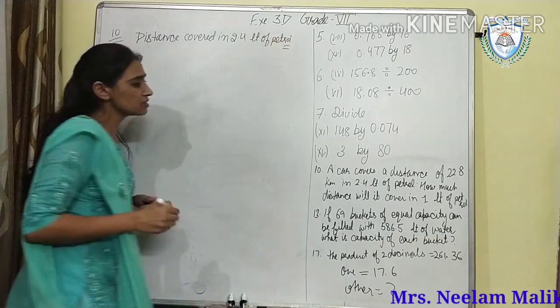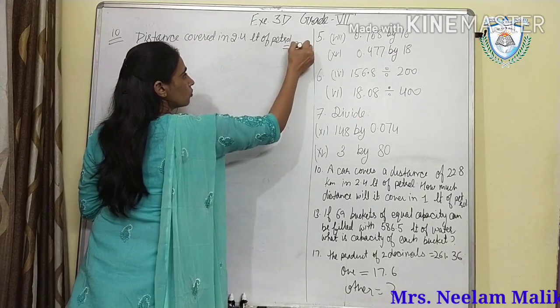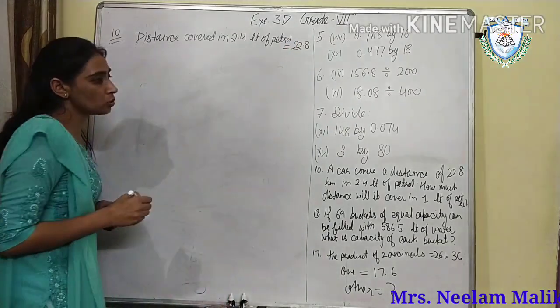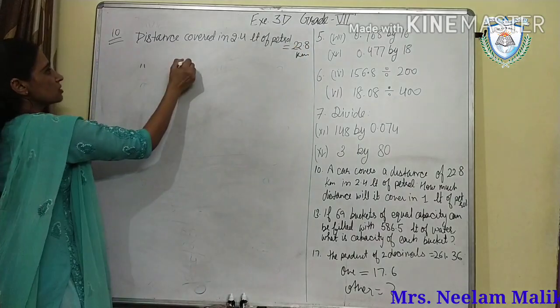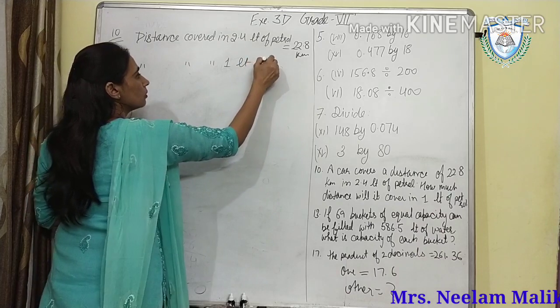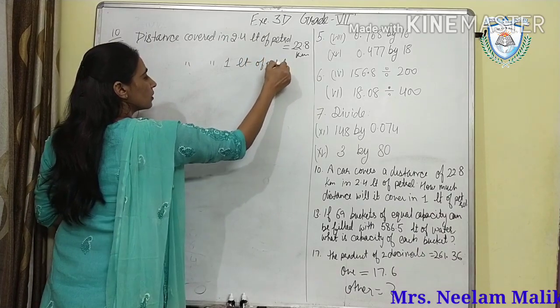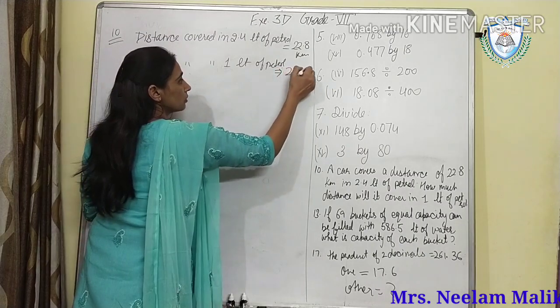What is that distance? That distance is given, 22.8 kilometers. Now the distance covered in 1 liter of petrol will be less. For the less we will do the division.